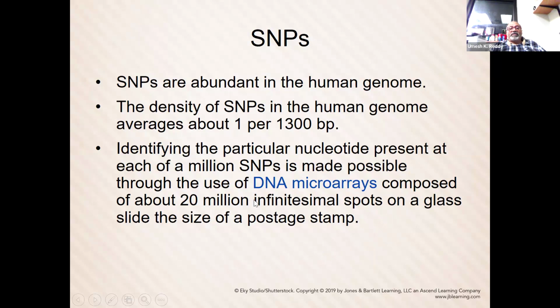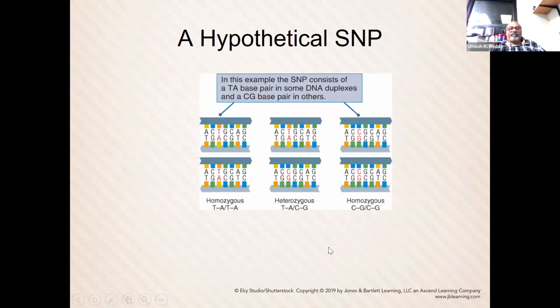I can take one drop of blood from you, one microliter of blood, and isolate DNA. The DNA I can use to hybridize to these DNA microarray chips. These chips will tell us what SNP configuration you have, what kind of SNPs you have in your genome.